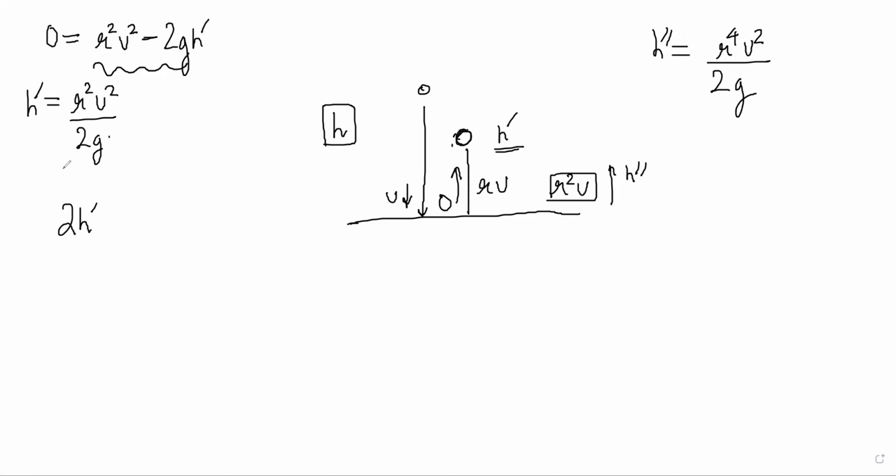You understand? Then the distance traveled will be plus 2H double dash. This is first collision, this is second collision, this is third collision, right? And this is the total distance traveled. And we have to find the distance traveled by the ball up to the 10th impact.